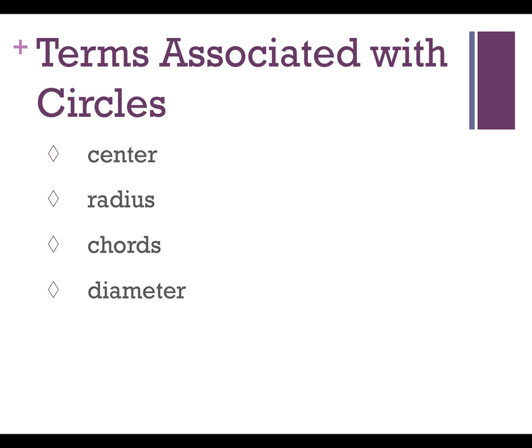Julia, what should you write for chord? Distance from one point to another. Technically, it's a segment, because we're talking about geometry. It's a segment connecting any two points on a circle. So all diameters are chords, but not all chords are diameters.